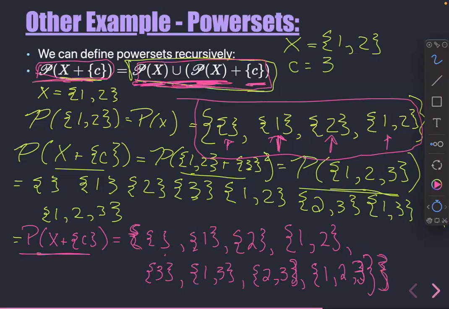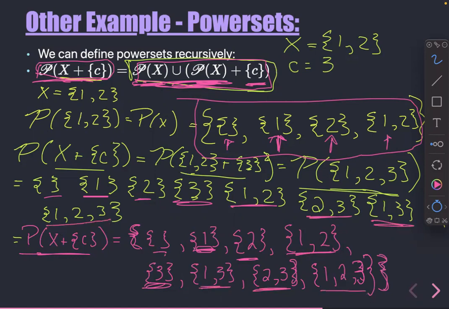But you can compare it, right? If we compare the values, the empty set, {1}, {2}, {3}, {1, 2}, {2, 3}, {1, 3}, {1, 2, 3}, to when I did it manually, you see it still has the same elements.